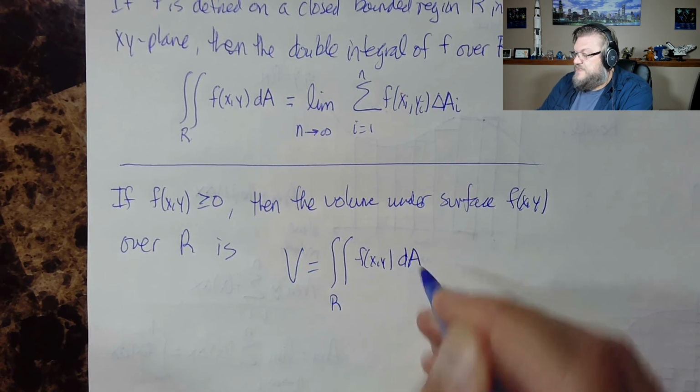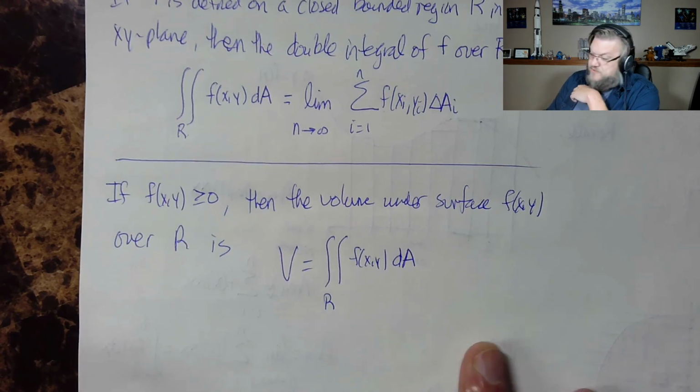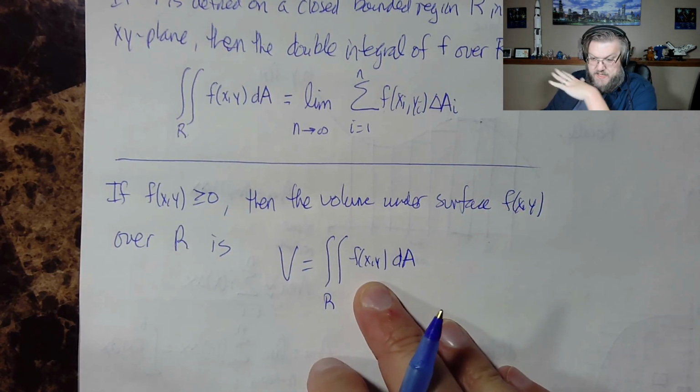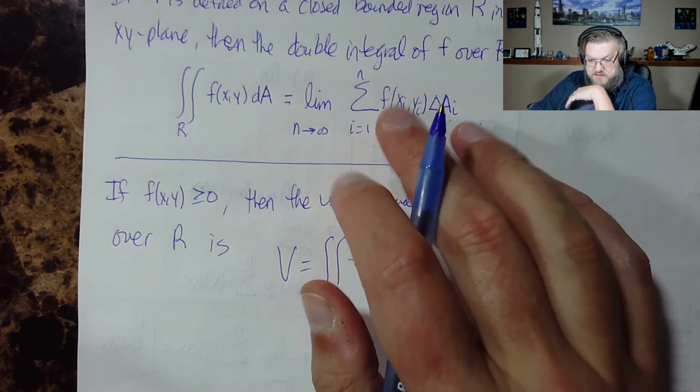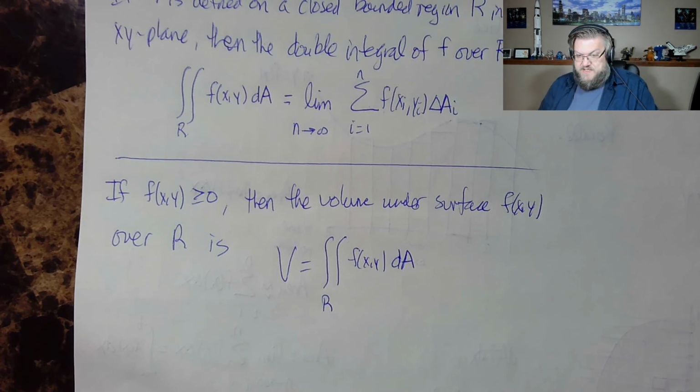So if I can calculate this thing, then that's going to provide what the volume is under a certain surface. You give me the surface, I'll plug it into here, and then luckily I don't have to do this. Luckily I won't ever have to use the actual definition, because we're going to tie this to iterated integrals really quickly. And in fact, let's stop there, and I'll start that up next time.